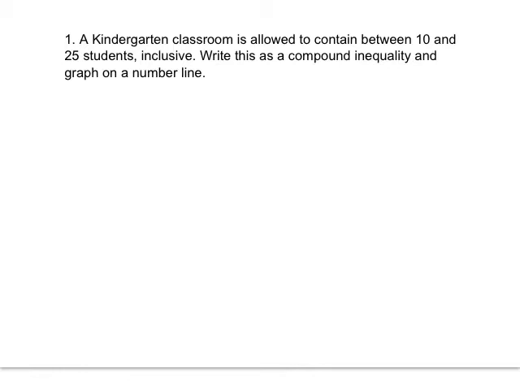Okay, so problem 1 says a kindergarten classroom is allowed to contain between 10 and 25 students inclusive. Write this as a compound inequality and graph on a number line. So if the classroom is allowed to contain between, that's your indicator that we're putting some variable in the middle of a compound inequality.